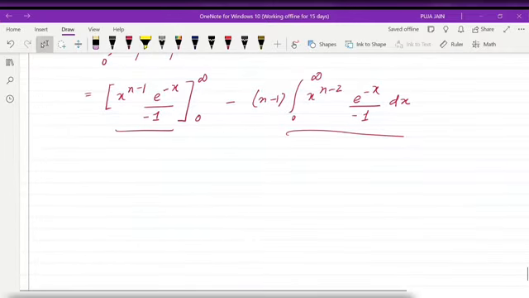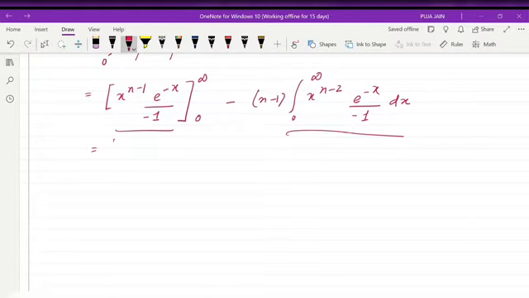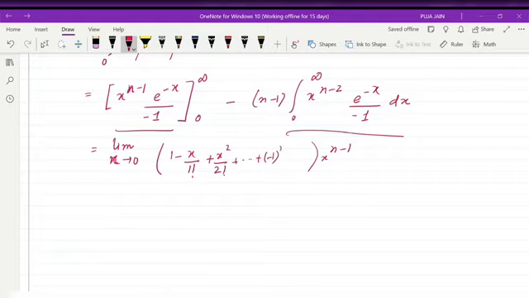So this we are getting as a limit. Suppose x is tending to 0, then we get x to the power n minus 1, which I am taking common, and we expand e to the minus x, that is 1 minus x by 1 factorial plus x square by 2 factorial plus and so on, plus minus 1 to the power n, since it is going up to infinity, x to the power n by n factorial, plus dot dot dot up to infinity.